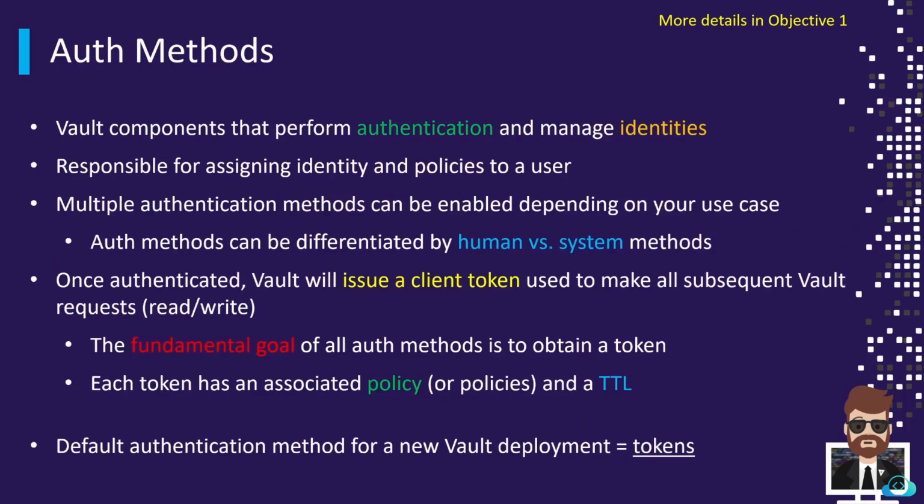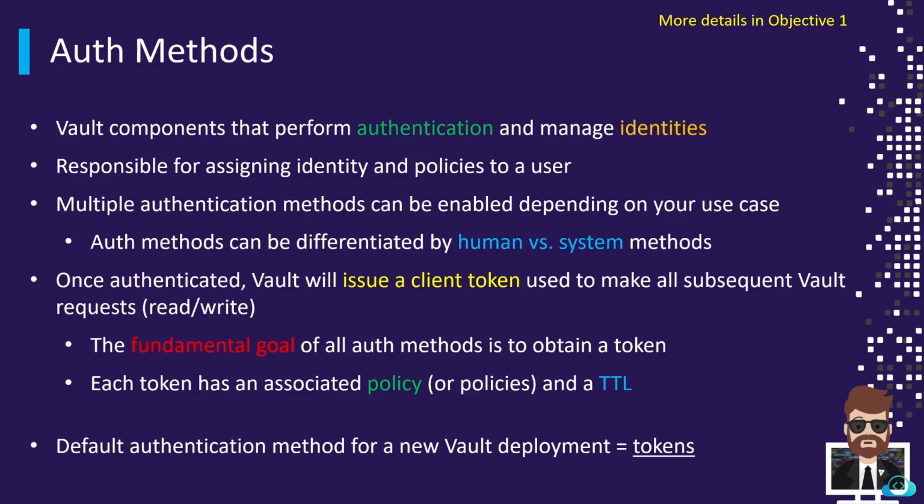All right, so let's talk about auth methods here. Now, auth methods are going to be the subject of objective 1 here, but here's a quick breakdown of auth methods. They are exactly what they sound like. They're Vault components that perform authentication and manage identities within Vault, right? So if you have applications or human users that are authenticating to Vault to get access, you would go through an auth method. They're responsible for assigning identity and policies to a user.